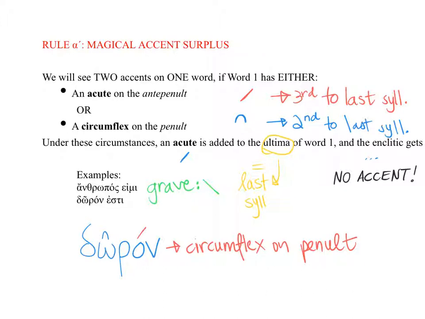But as we know, enclitics are very exceptional, and when enclitics follow words, they don't force those words to change their acutes to graves. So this has been rule 1 or rule alpha, a rule about when you come up with a situation where you see 2 accents on one word. And we've seen that those 2 accents can either be 2 acutes or a circumflex and an acute.